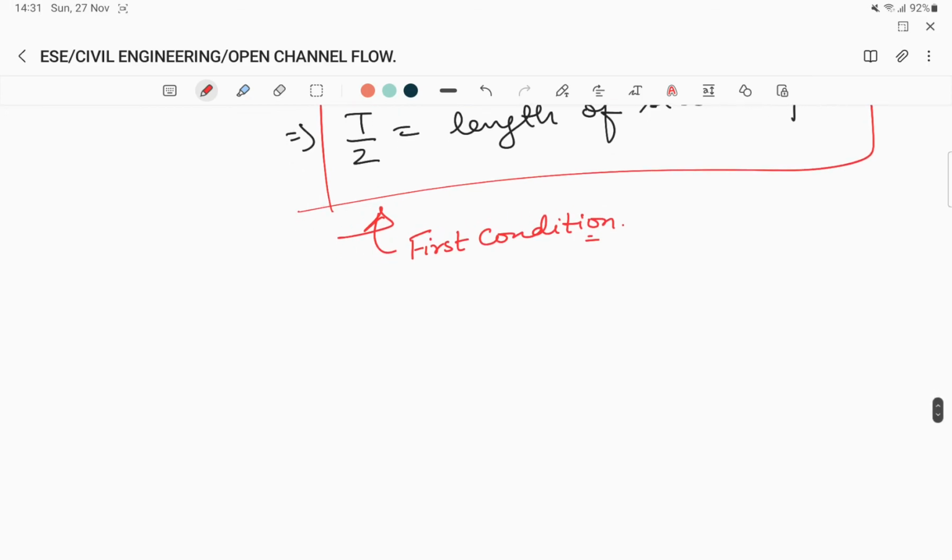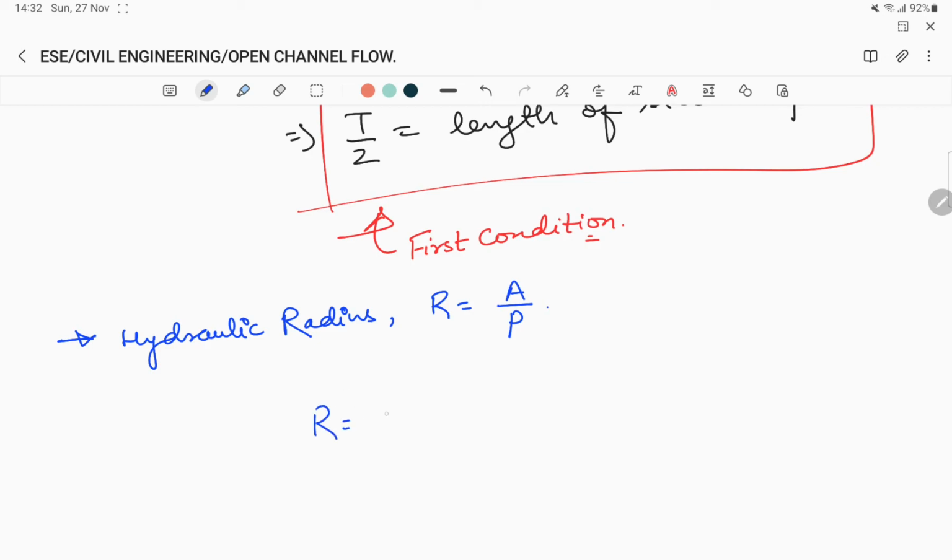Now let us find the hydraulic radius for this condition. Hydraulic radius is given by R is equal to A by P, that is cross sectional area divided by wetted perimeter.